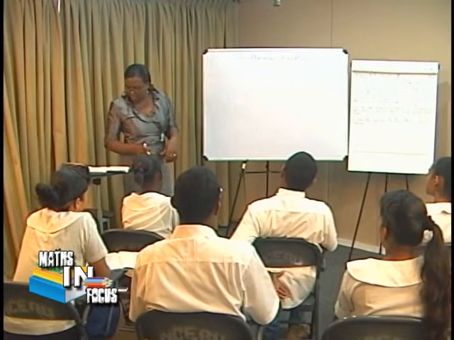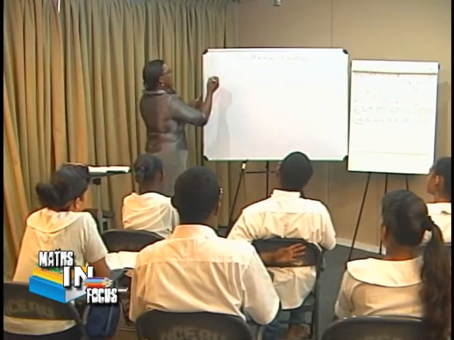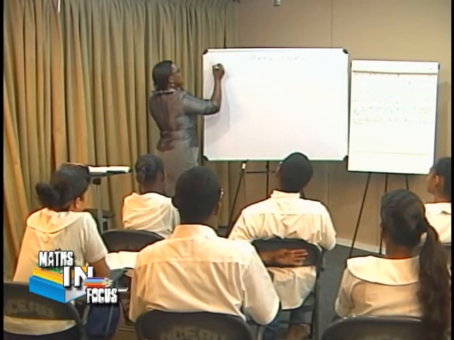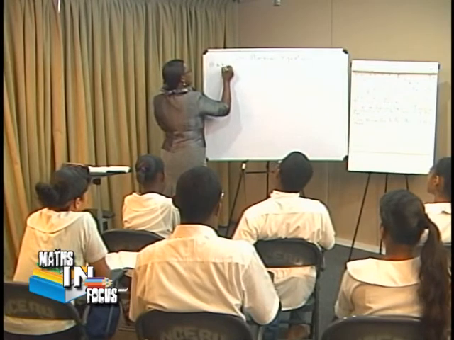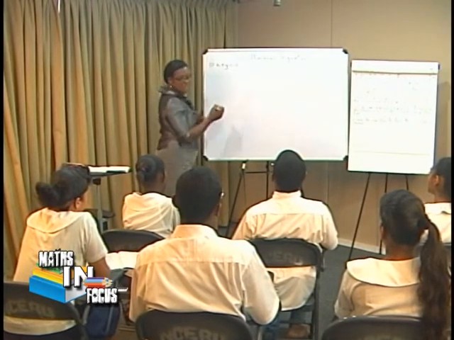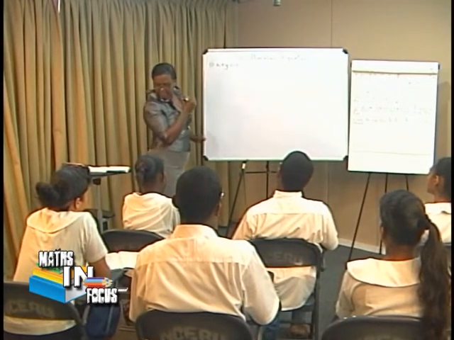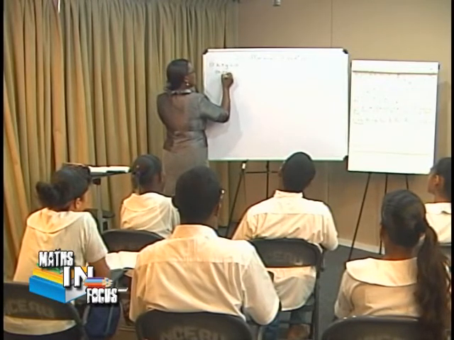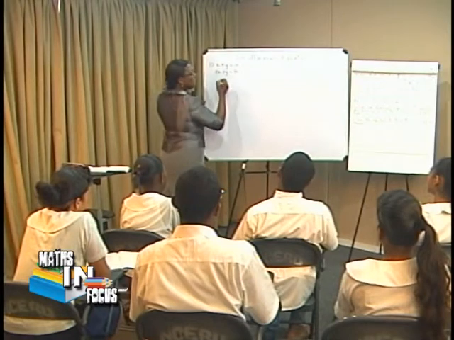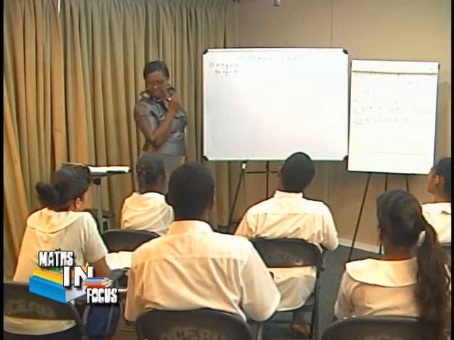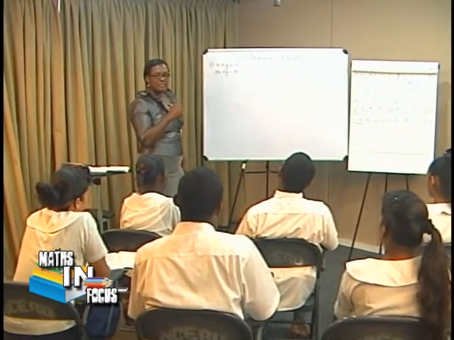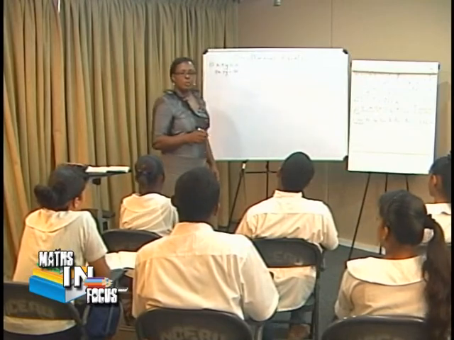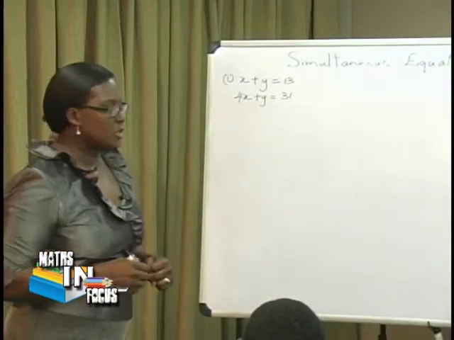Now I'm going to put a pair on the board here. I have our first example. x plus y is equal to 13, and 4x plus y is equal to 31. Now, in solving simultaneous equations, we can adopt two approaches.